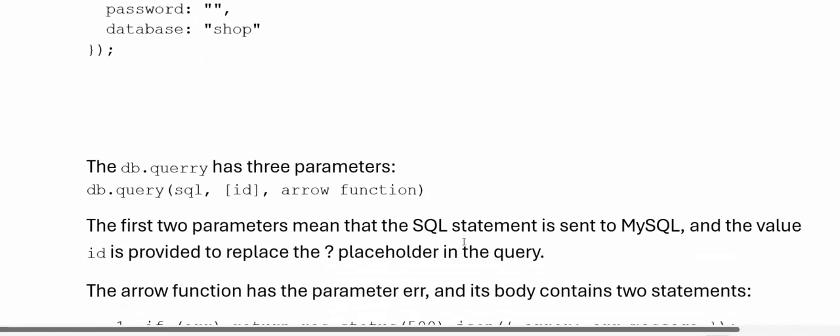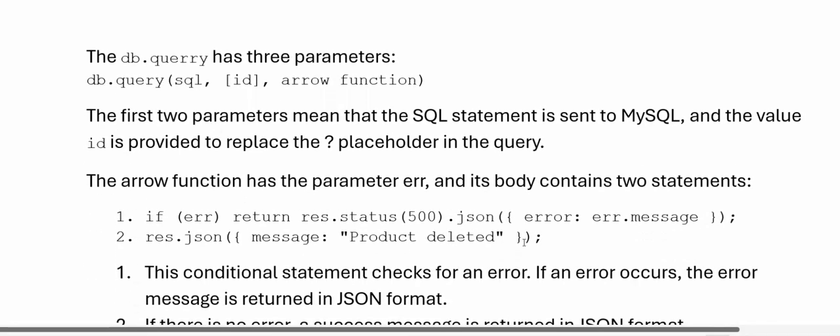And db.query has three parameters: db.query, sql, id, and an arrow function. The first two parameters mean that the SQL statement is sent to MySQL, and the value ID is provided to replace the question mark placeholder in the query.